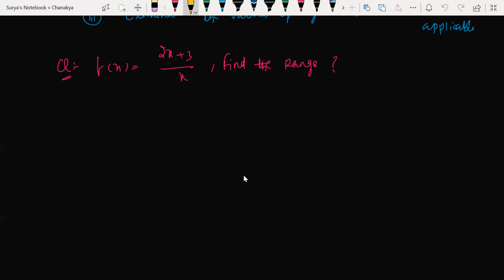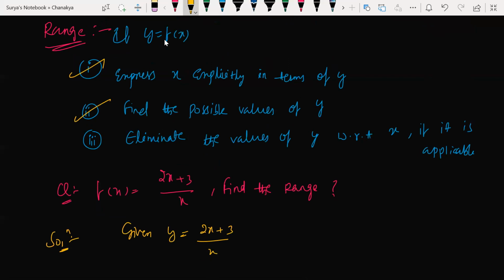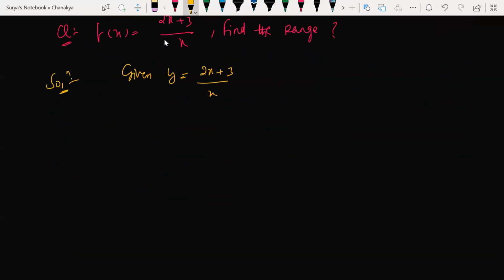Take it fast. How do you find out? First of all, look at this. Let me write it. Very simple question. Given y is equal to 2x plus 3 by x. Cool. So what you need to write? First step is what? Express x explicitly in terms of y. So just multiply first by x.